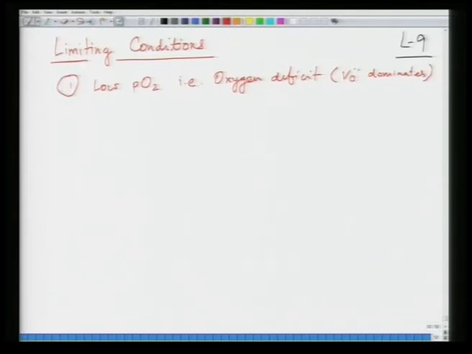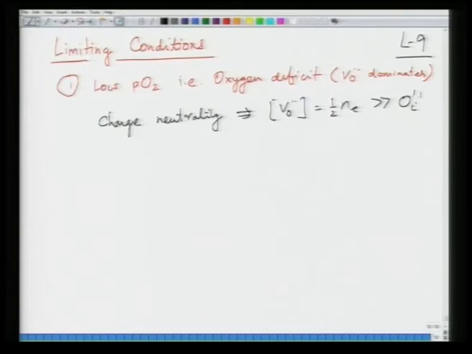So, in such a situation, if you look at the defect reaction, it was OO going out to giving rise to VO and 2 electrons. So, as a result, the charge neutrality means VO is equal to half Ne, and these two are much bigger than OI. Okay. So, this is the situation.